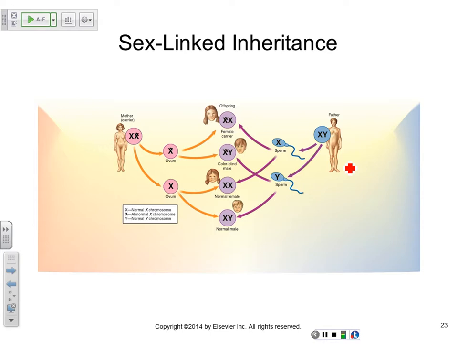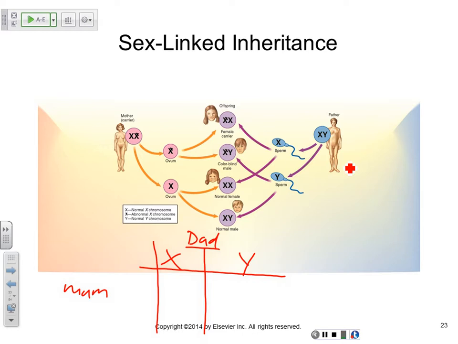So if we do the Punnett square, we get the dad on this one. So the dad is X, Y, right? So we do that. And then the mom on this side. Whenever you do a Punnett square, you just do this quick X's and O's kind of thing. So the mom has a normal X, all right?